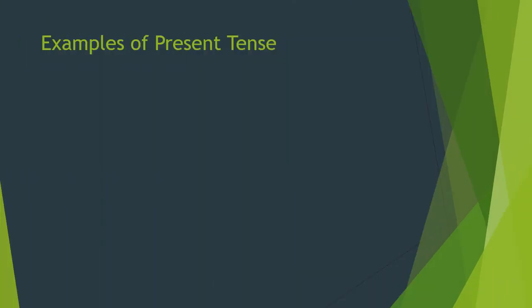Let us learn how to change active to passive through examples. First, let us check with the present tense. The first sentence is Terence plays football. Here the subject is Terence, the verb is plays and the object is football.